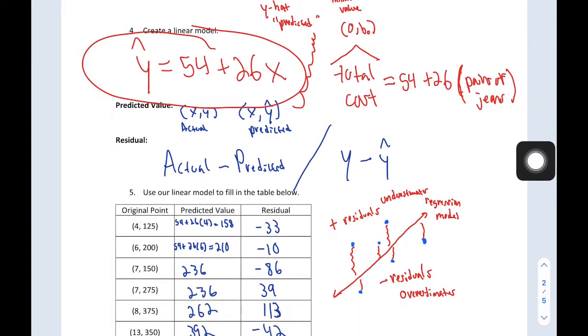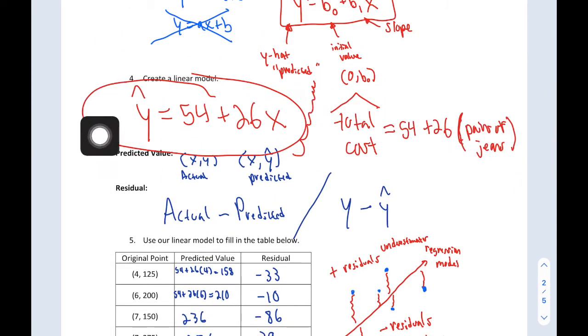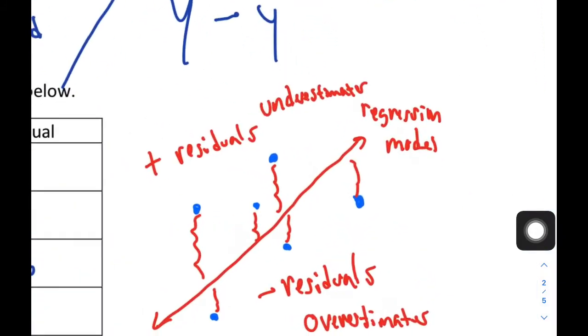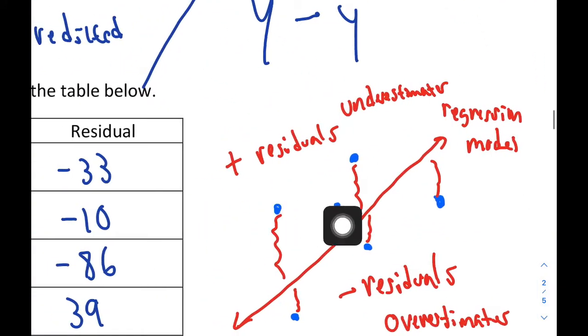And then I went backwards a little bit and explained how the calculator figured out this equation. What the calculator did is it figured out a way to minimize the residuals. And remember what a residual is: it's the actual amount minus the predicted. So here's a nice little picture where we can see the blue dots above.